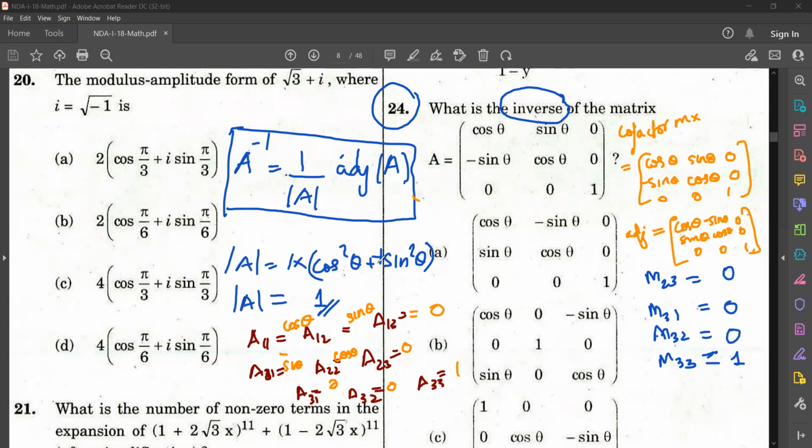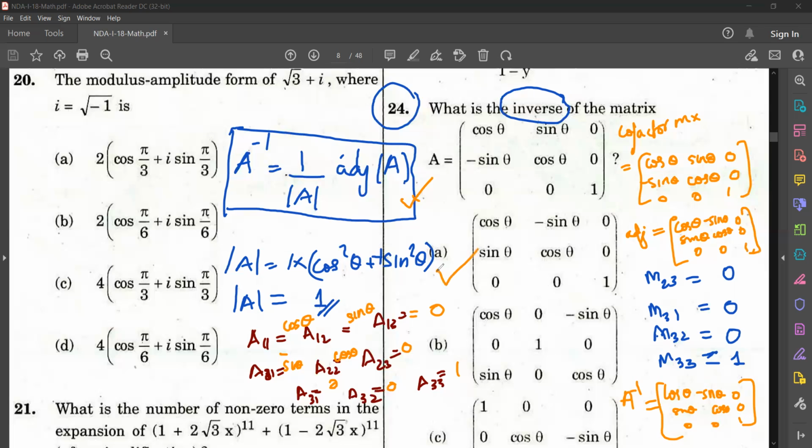Now put in this formula. What is the formula for finding A inverse? A inverse is 1 by determinant of A into adjoint. Determinant we got 1. So A inverse is just cos theta, minus sin theta, 0; sin theta, cos theta, 0; 0, 0, 1.